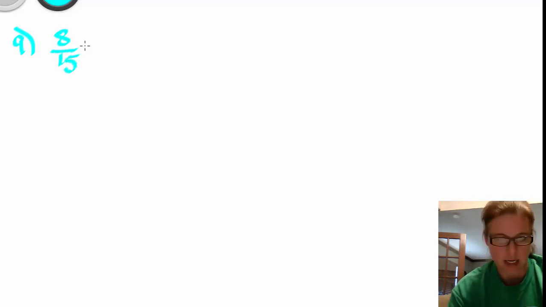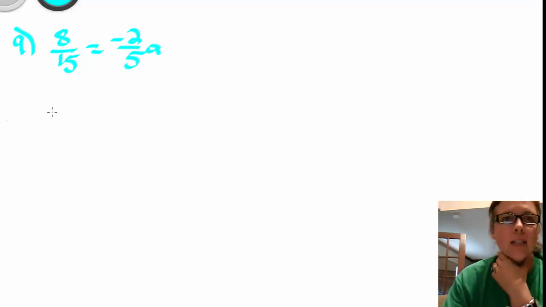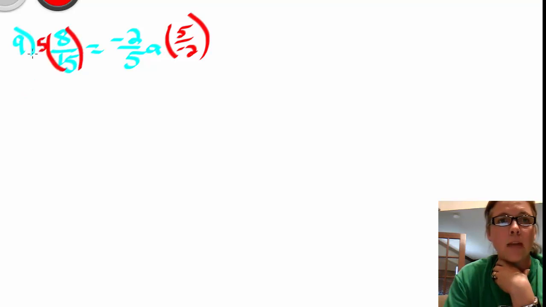8/15 equals negative 2/5 a. Okay, so we've just switched sides. Again, it's negative 2/5 a times a, so you can divide by negative 2/5, which is the same as multiplying by 5 over negative 2. So what you do to one side, you have to do to the other. So we're also going to multiply this times 5 over 2.